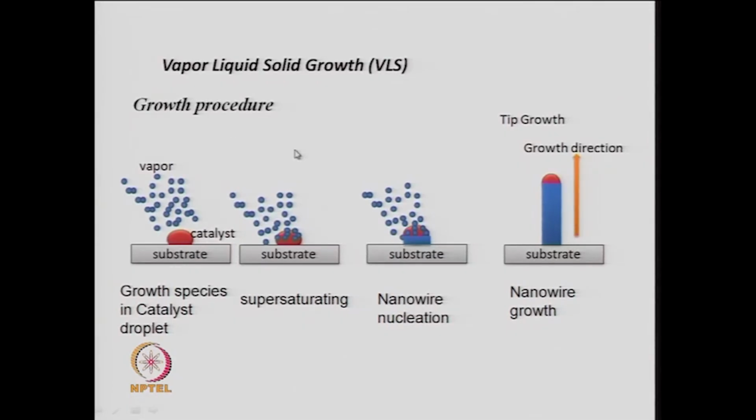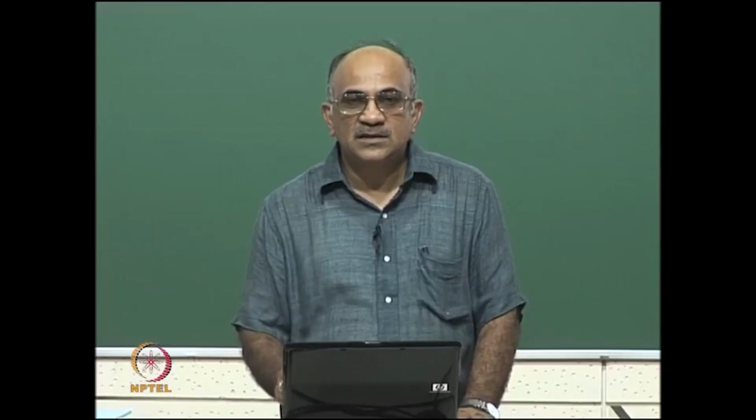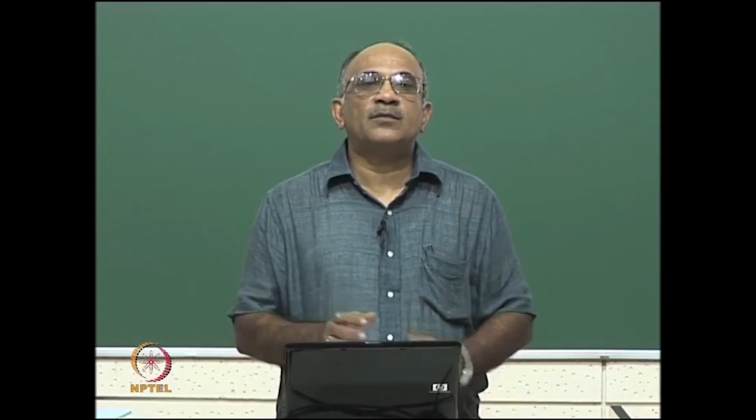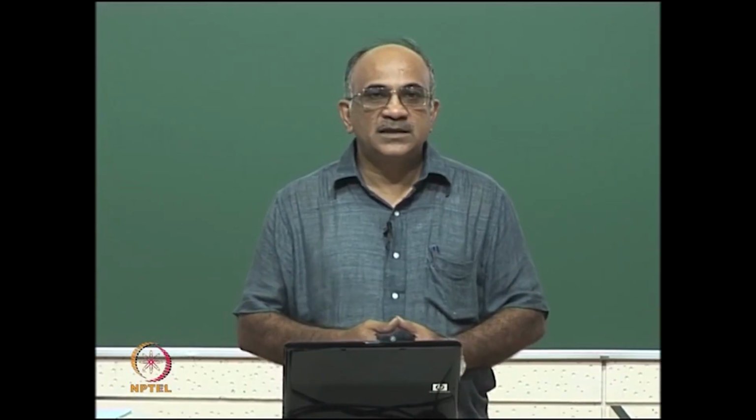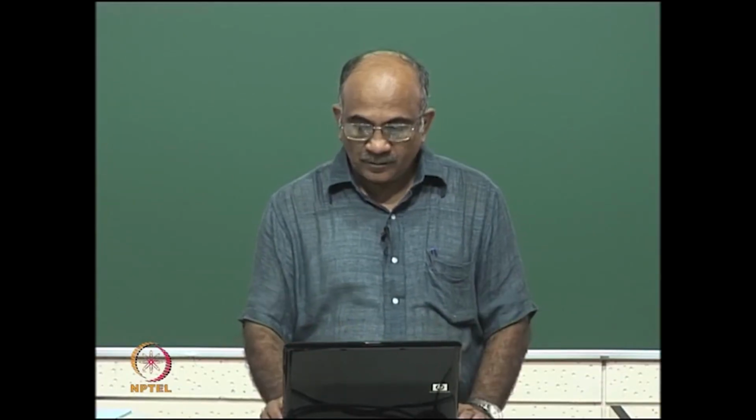So, this is a schematic explanation of this whole process of vapor, liquid, solid, in which you get the tip growth mechanism with the catalyst at the tip, below which is the growing nanowire, and below the bottom of the nanowire is the substrate material.